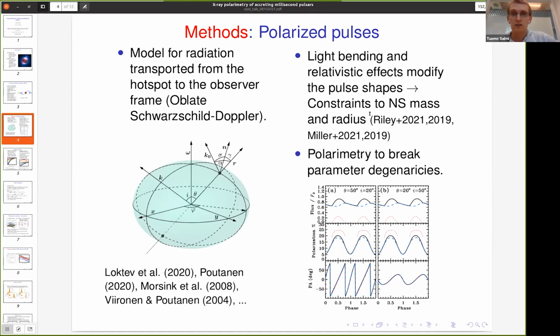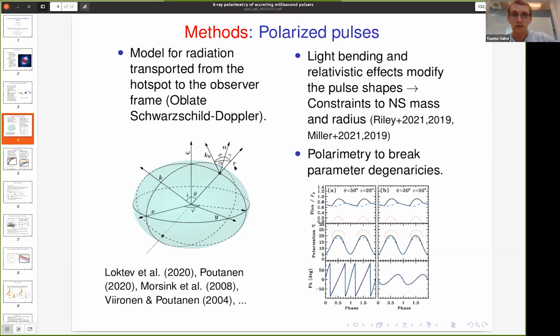But in those cases, we talk about rotation-powered millisecond pulsars, so there is no polarization needed for those, and the emission model of this radiation is very different from that in accretion-powered millisecond pulsars. The transportation of the radiation is in principle similar to that in accreting millisecond pulsars.